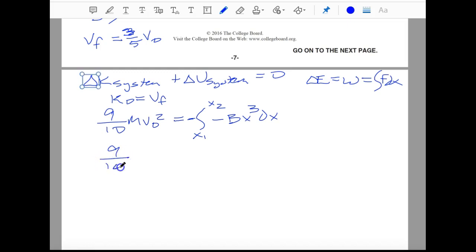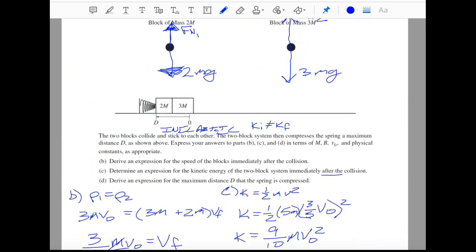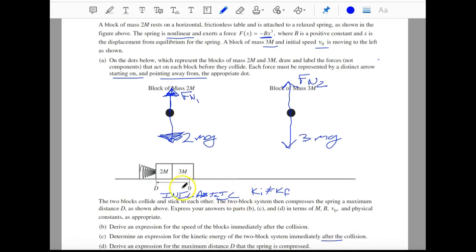So we'll have 9/10 of m v0 squared is equal to, we're going to take negative times negative, that makes it positive, so this is x1 to x2 of bx cubed dx. And we want to go from 0 to d. Remember, in the original part of the problem, we're going from 0 to d, so this is our x1 and this is our x2.